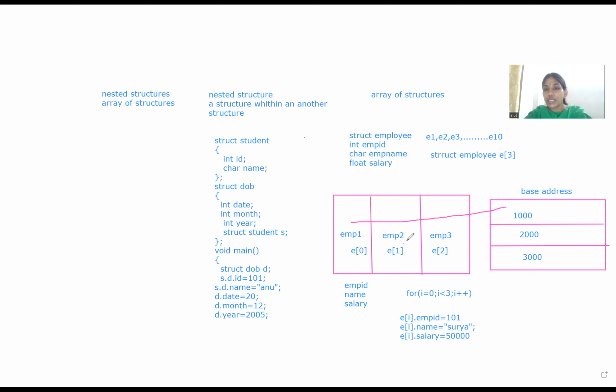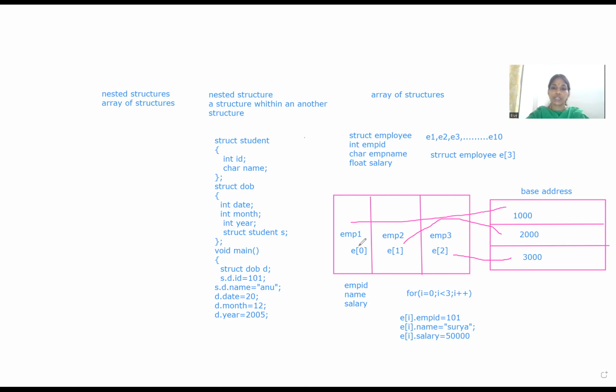For employee 2, the base address is 2000. For employee 3, the base address is 3000. Like this, the base address is created in memory for each and every record. So this is the memory allocation for the records in an array.